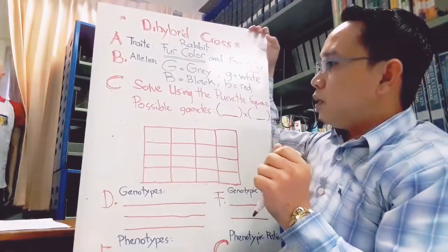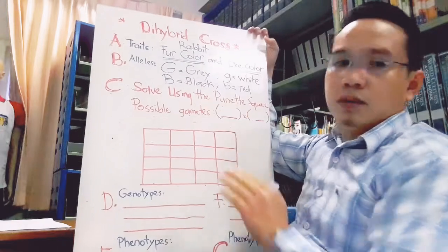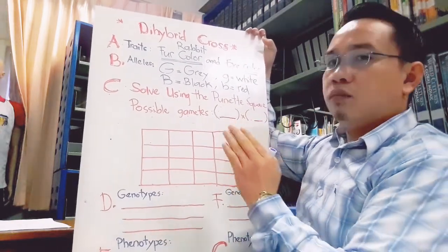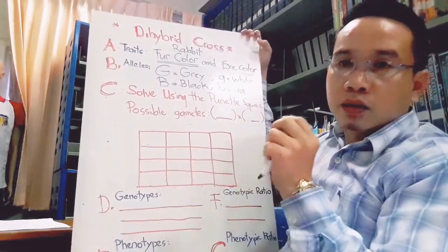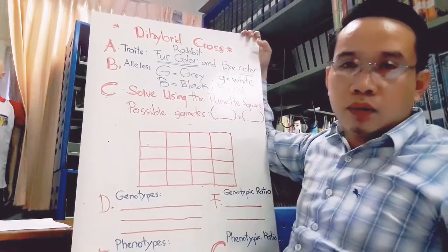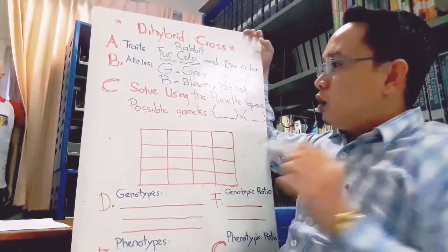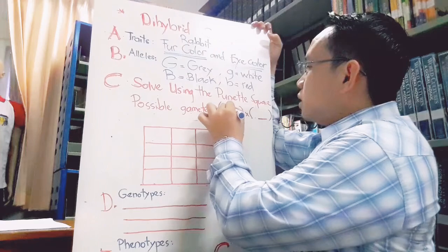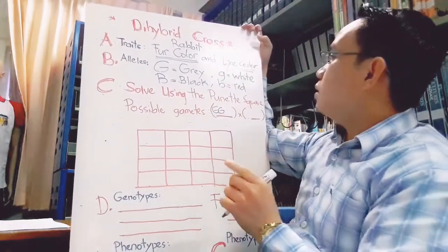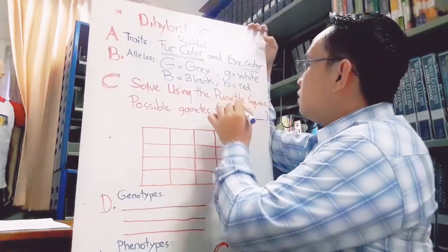Now let's find out what are the possible gametes in this given problem. Before we solve using the Punnett square, let us understand and analyze the given problem. A male rabbit with a genotype of homozygous dominant gray is paired with homozygous recessive red.